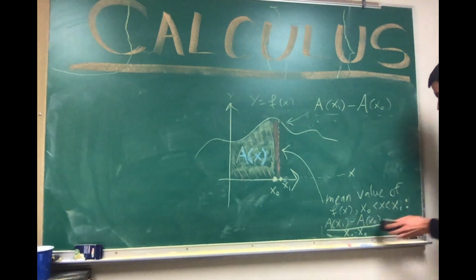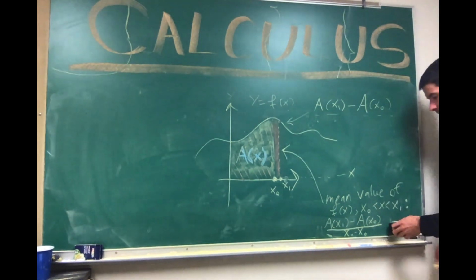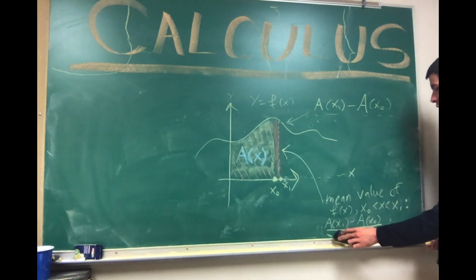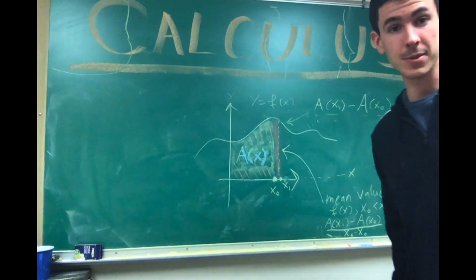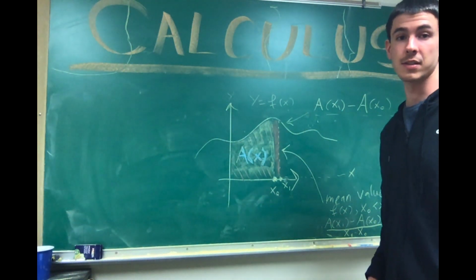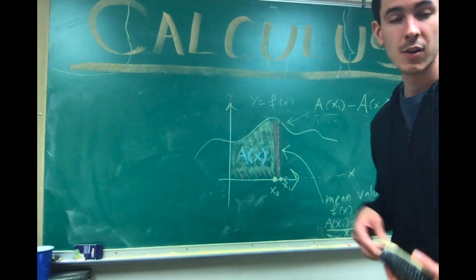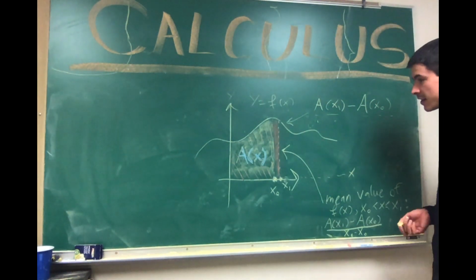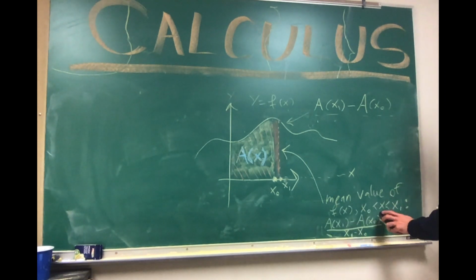Now this right here is none other than the slope of the secant line of the graph y equals A of x. If we were to graph that in Cartesian coordinates and interpret y equals A of x as a curve, this would be the slope of the secant line. And it also is approximately equal to f of x1.